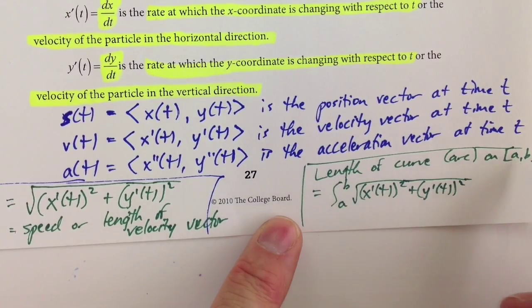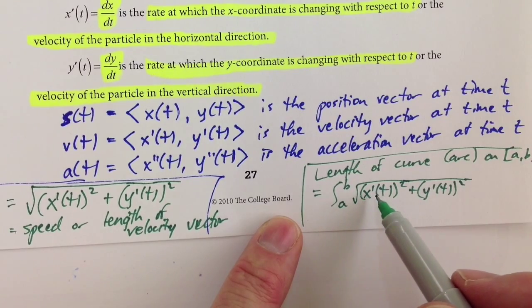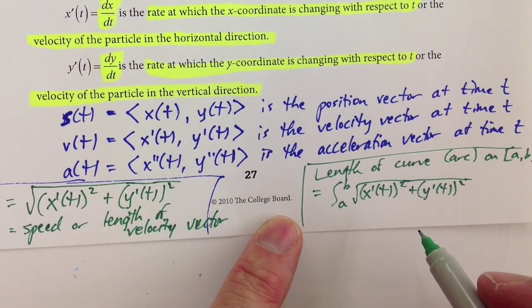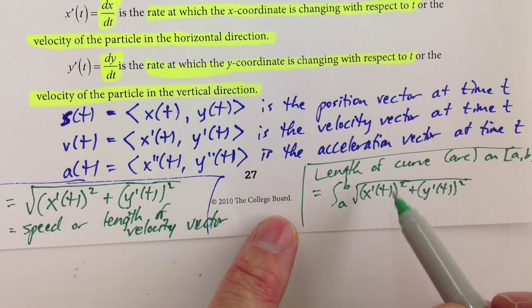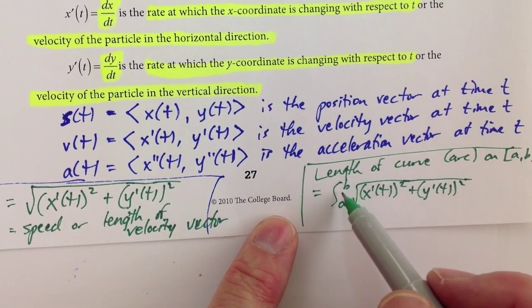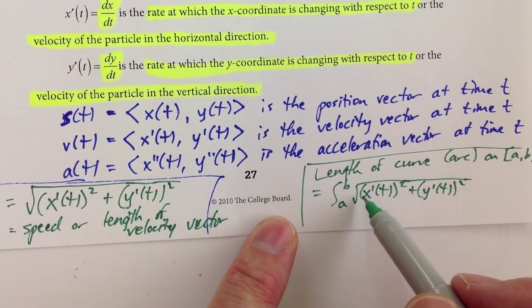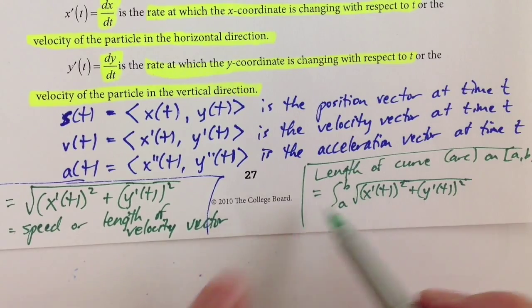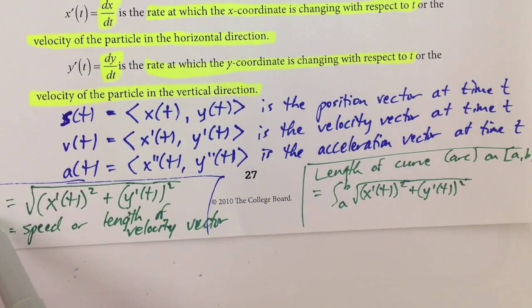Notice here the length of the curve is dependent upon the x prime and the y prime, but if you remember that the integral from A to B of this would be considered the absolute value of the velocity.